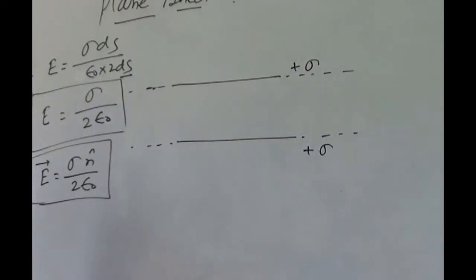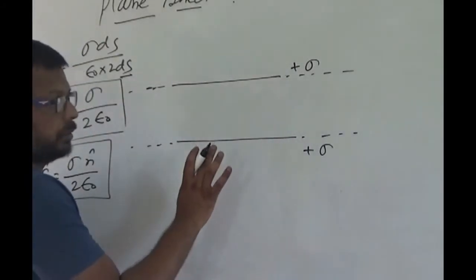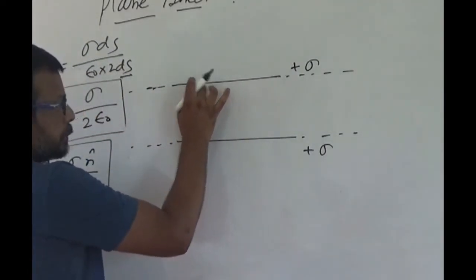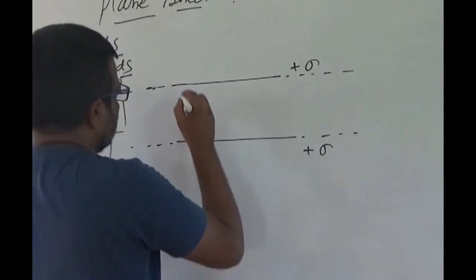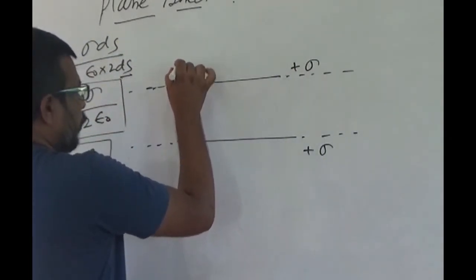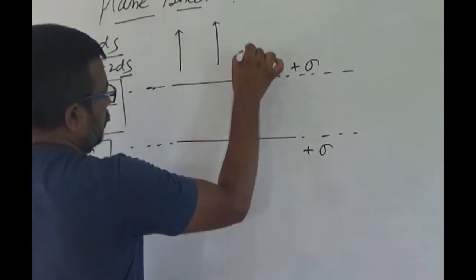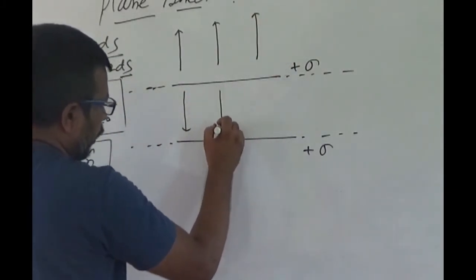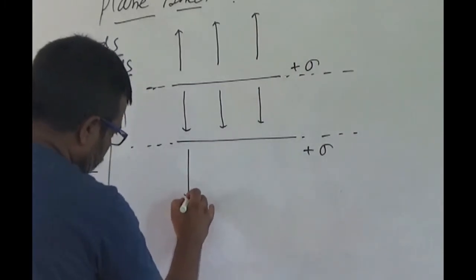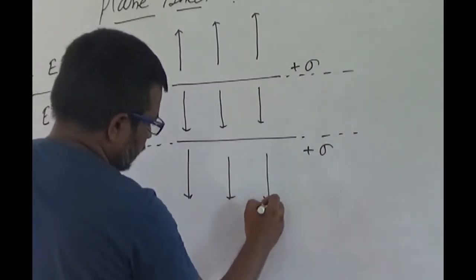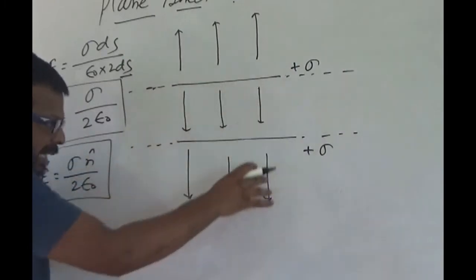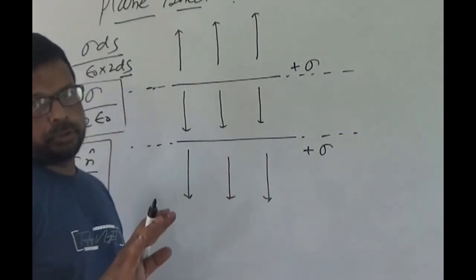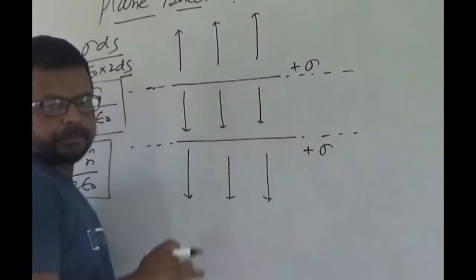Then first we draw the field lines for this plane sheet. This will be away from the sheet in this region, and away from the sheet in this region also. These are the lines of force due to this plate.